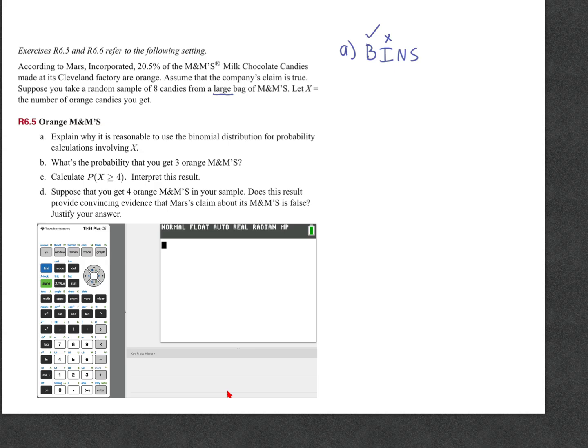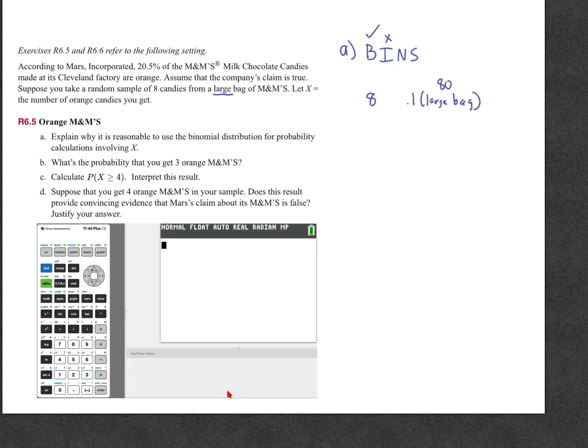But let's see if it passes the 10% condition. So compare the sample size to 10% of the population. In order for it to pass the 10% condition, this large bag just has to have more than 80 candies.